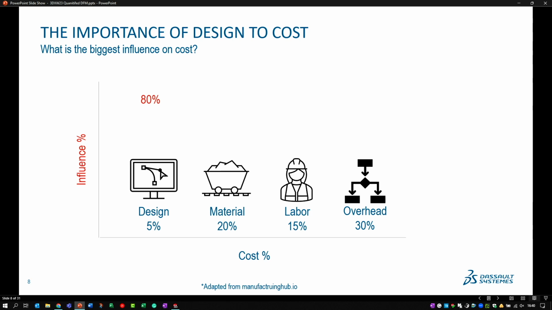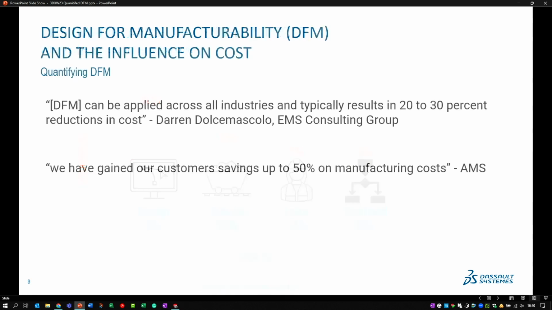Then there's material selection, usually around 20% of cost, with around 15% influence. Labour doesn't have much influence over the cost, but adds around 15% to the cost of the product. And then overheads, keeping the factory lights on and warm, generally contribute about 30%, again with very little influence.